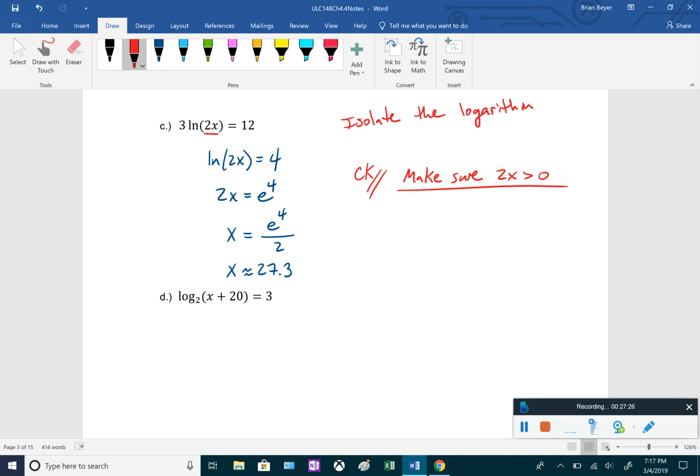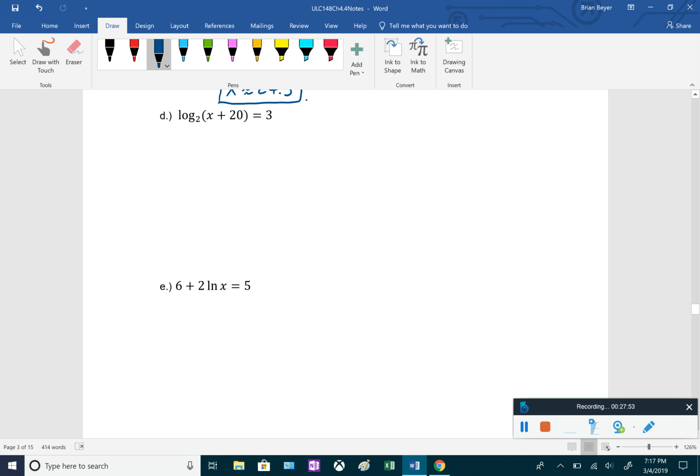So we need to make sure that 2x, which is 2 times 27.3, is positive. That's going to give us 54.6. 54.6 is obviously positive, so we're good. So our answer, depending on how you want to write it, is e to the 4th divided by 2, or 27.3 approximately. Okay, next one, we have log base 2 of x plus 20 equals 3.